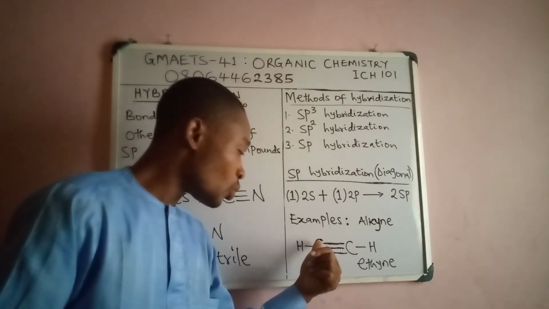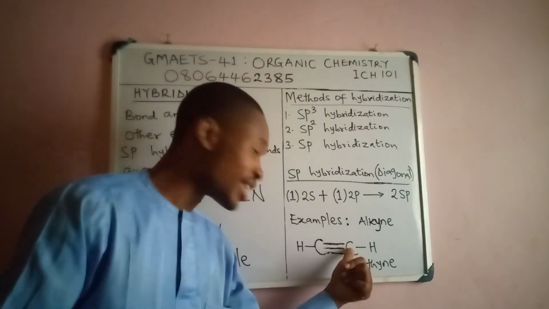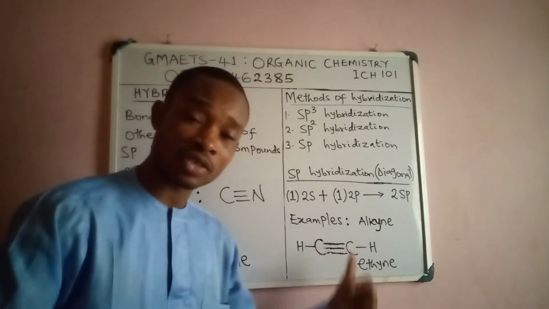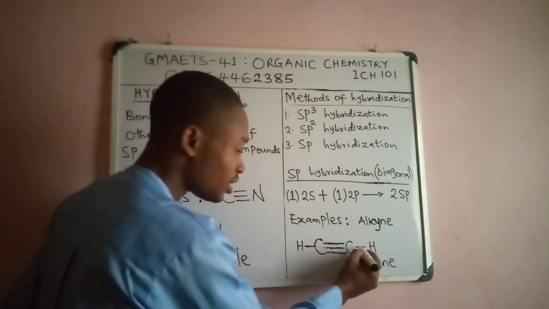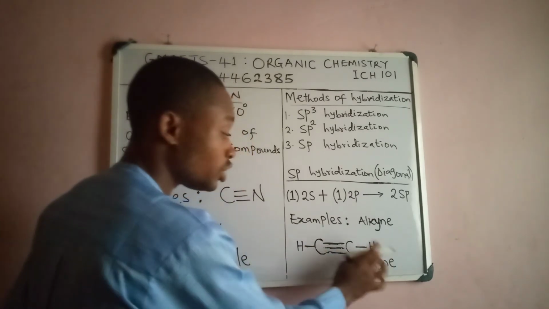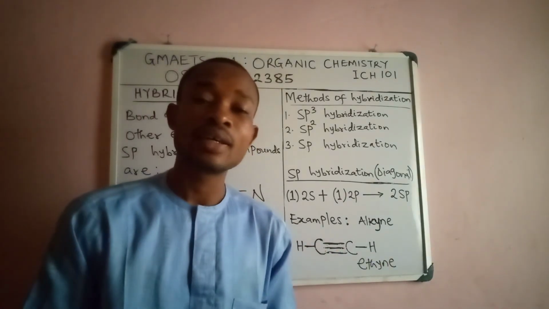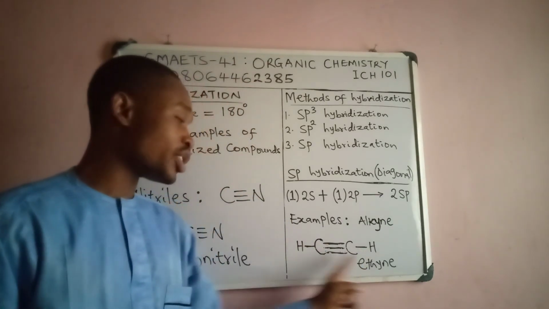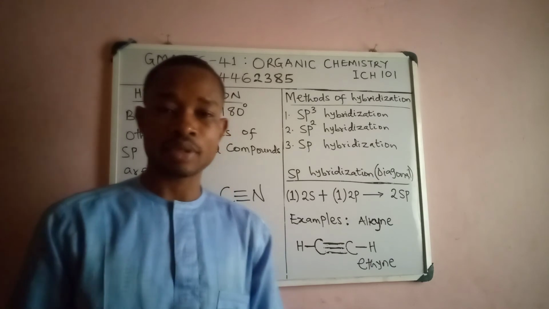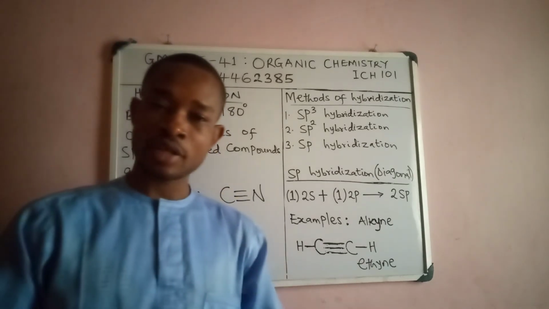So if this carbon has used 1 and this carbon has used 1, 2 will be left out of the 4. Those 2 will now provide the site for hydrogen to link to the carbon, which is the single bond that attaches hydrogen to the 2 carbons, giving us the ethyne molecule.